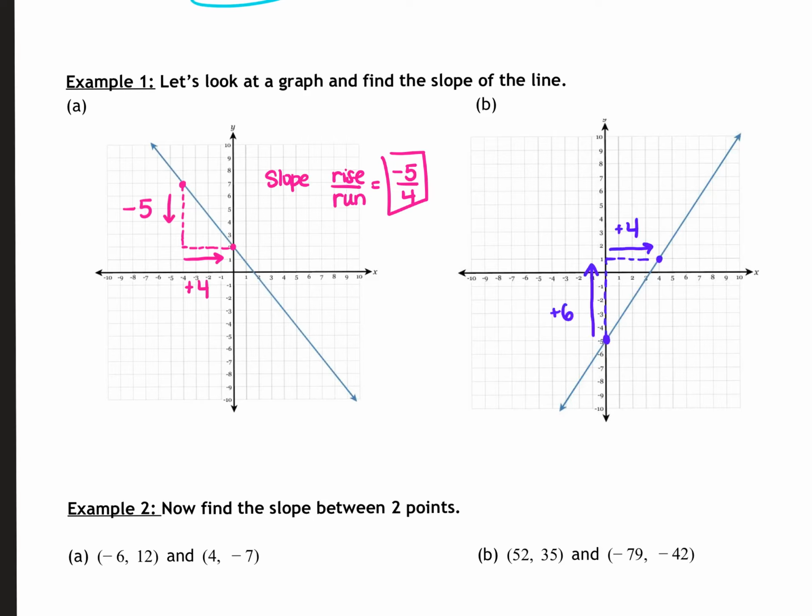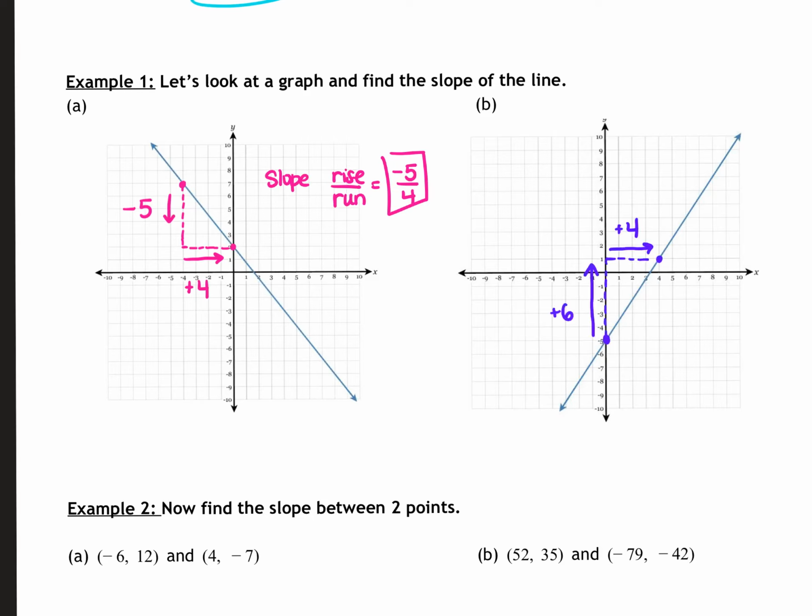So maybe you just chose a different ending point, same beginning point, but maybe you noticed this point (2, -2) and chose that instead of choosing the point (4, 1). Either way, we're going to get the same slope if we simplify it, and that's the key. So whatever you find for your slope, make sure you put it in the lowest terms for that fraction. Okay, so graphically pretty easy.